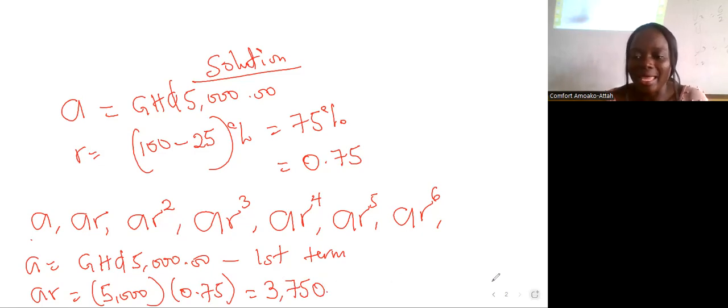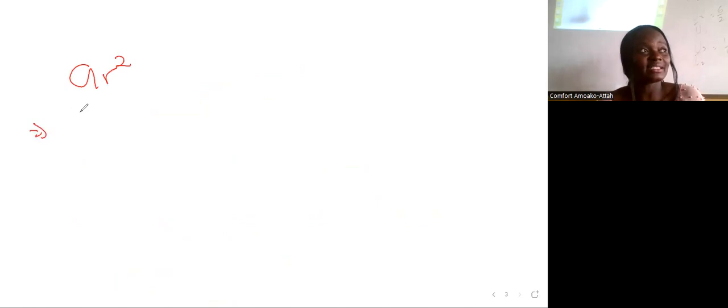Then we move to our third term. And that will give us AR exponent what? AR exponent 2. Good. So I believe you are getting it. First term, 5,000 Ghana cedis. The common ratio, 0.75. We are just multiplying it and exponenting it based on the term we are looking for.